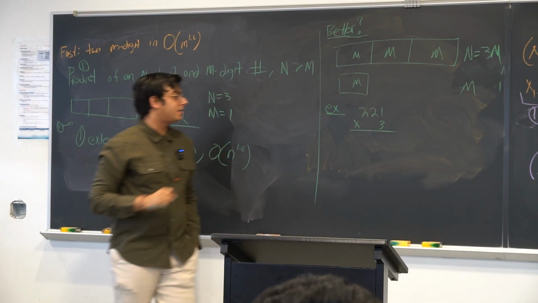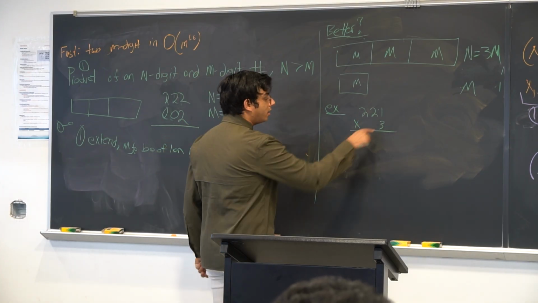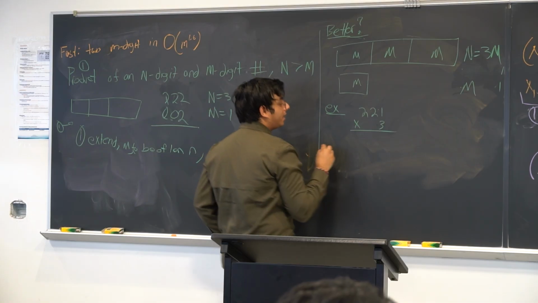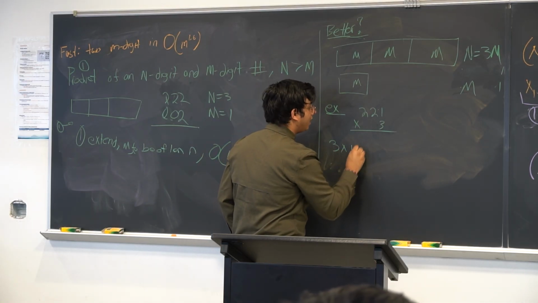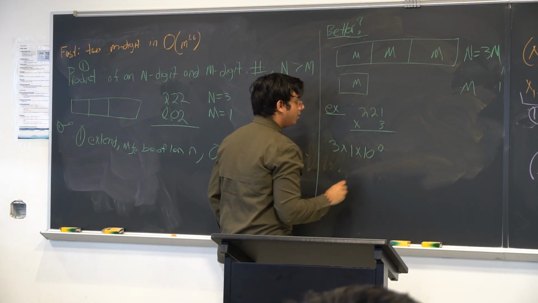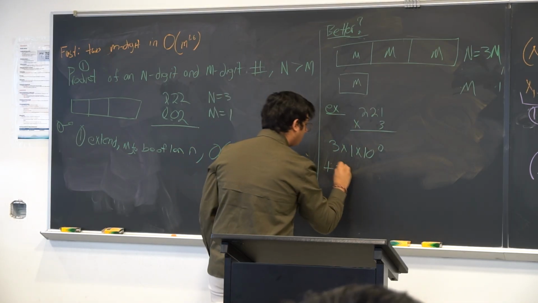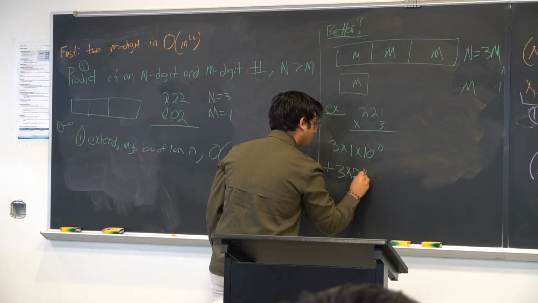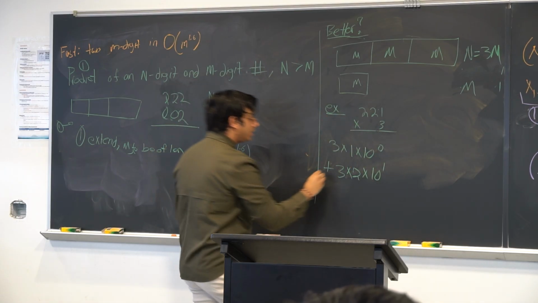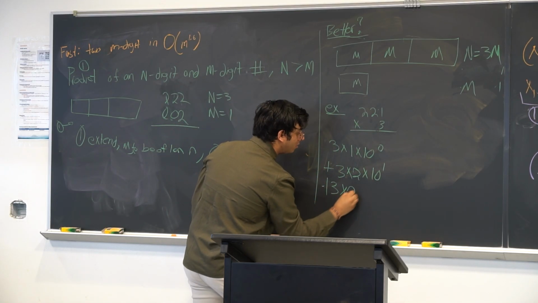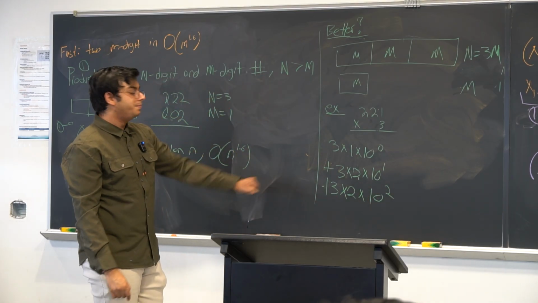If I were to multiply this out, I would take 3 times 1 times 10 to the power of 0, plus 3 times 2 times 10 to the power of 1, plus 3 times 2 times 10 squared. So those are the 3 multiplications I do.